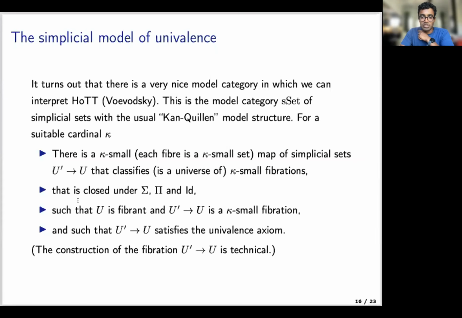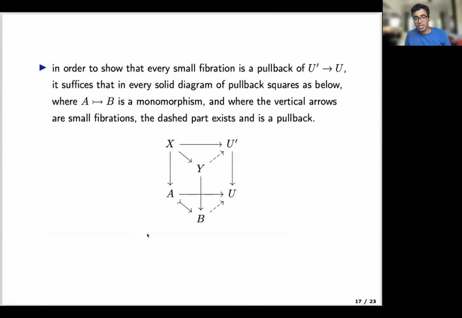But I'm more interested in talking about why the codomain is fibrant and what we mean by univalence. So firstly, why this thing classifies kappa-small fibrations, moreover, why the universe is a fibrant object, and why it satisfies the univalence axiom. Right, so classifying small or kappa-small fibrations.